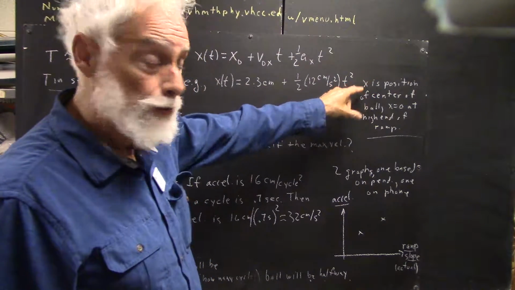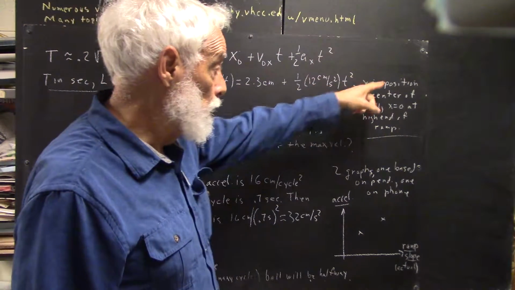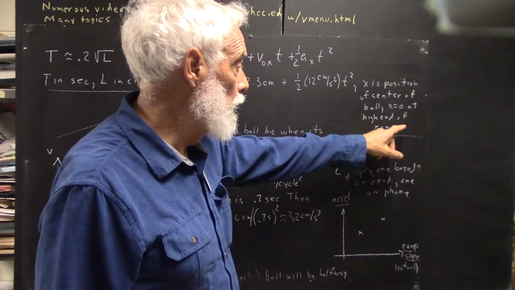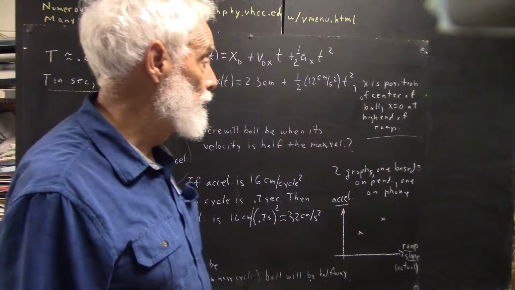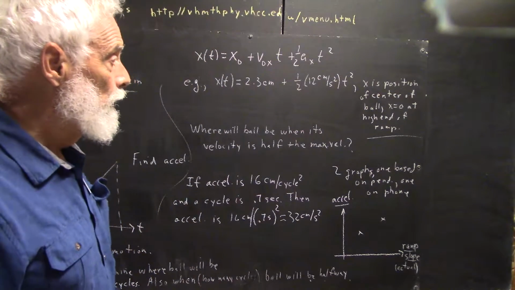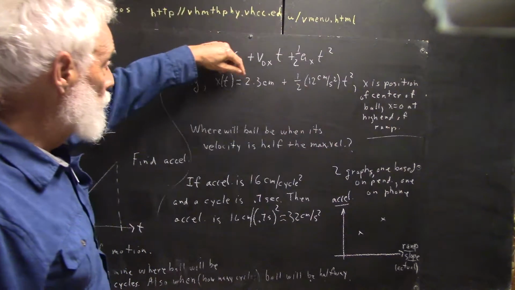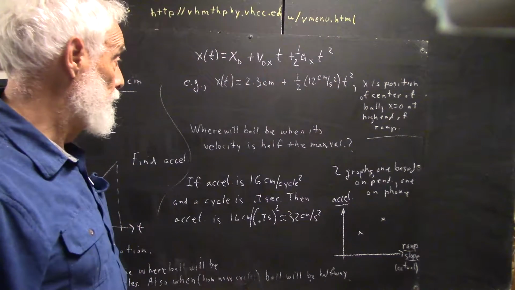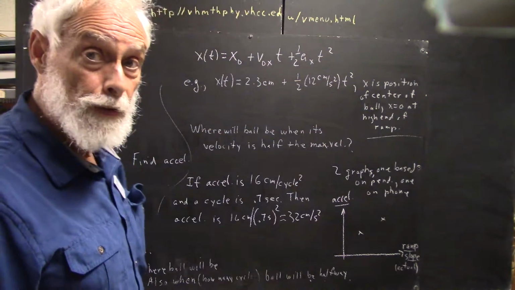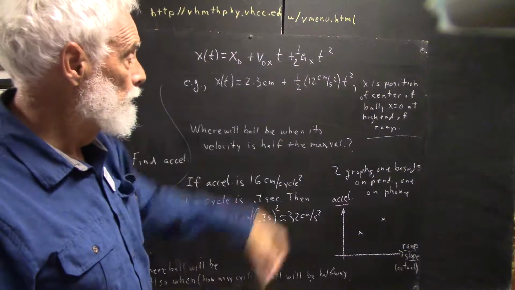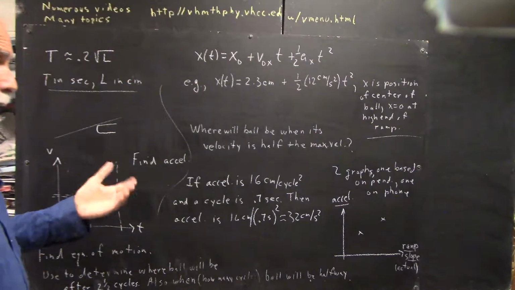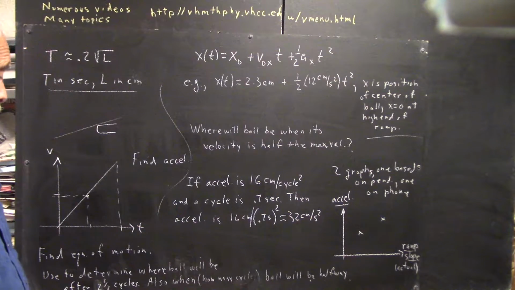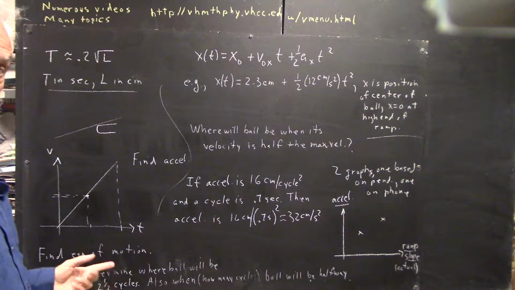You have to say what x means. And I note that x equals 0 at the higher end of the ramp, meaning that the center of the ball was at 2.3 centimeters at the t equals 0 instant. So this is my equation of motion if I observe, or if I infer an acceleration of 12 centimeters per second squared. Okay?